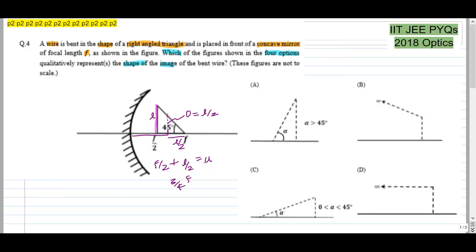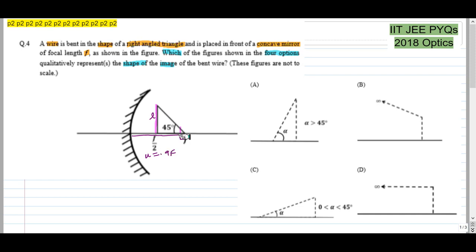Next let me consider a pair of elements close to the focal point. So at a distance of 0.9 f, one element here and one element here. So u is 0.9 f.